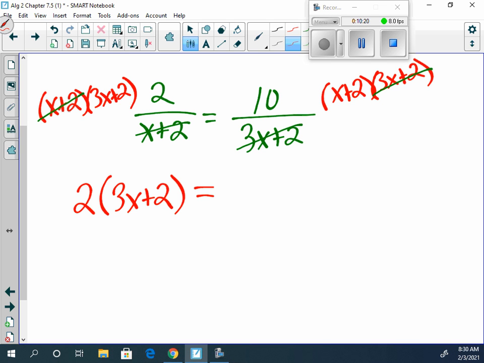No, it's on the other side, yes? And on the other side, I have 10 times x plus 2. Well, over here, the 3x plus 2 is gone from the right-hand side, yes? Is it gone completely from this equation? No, it's on the left-hand side, yes? That's why this still works, because we still have those terms still left in the equation, yes?